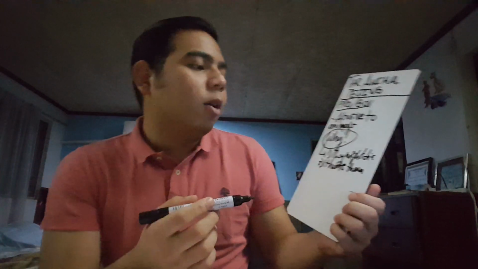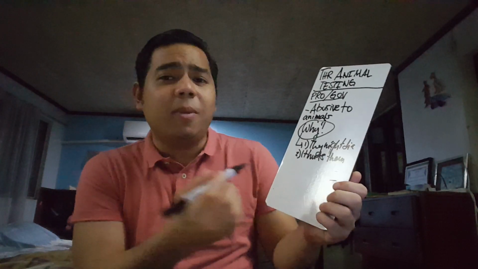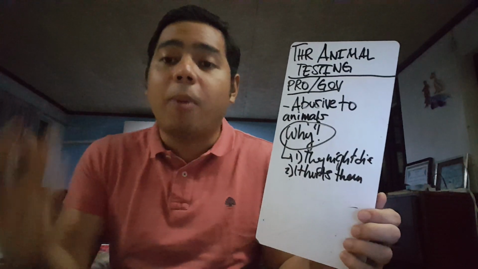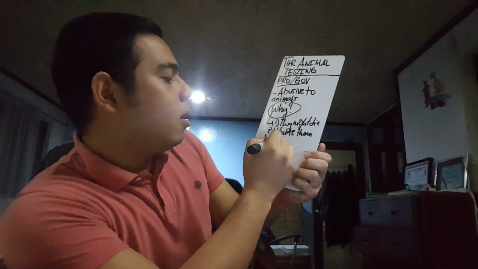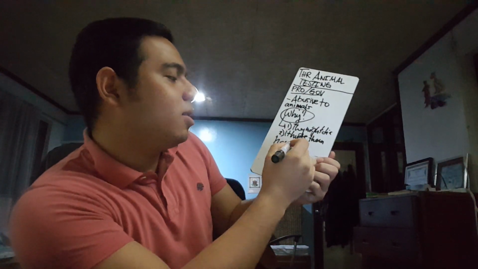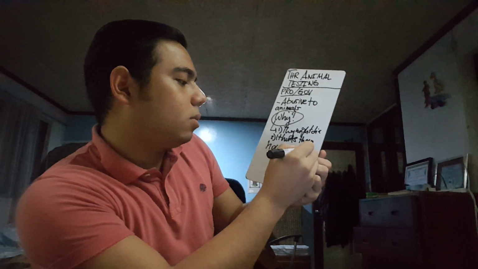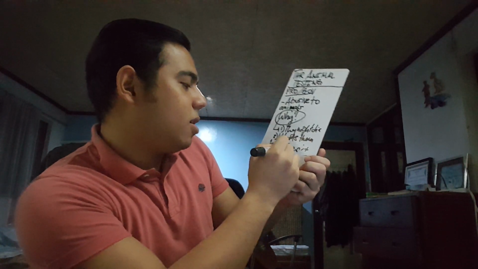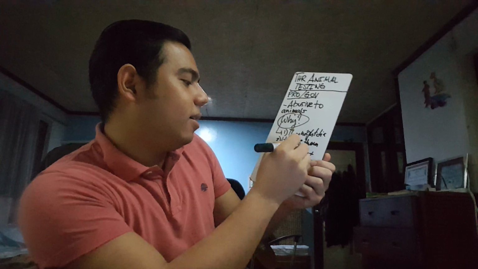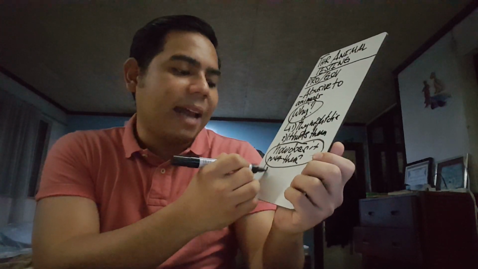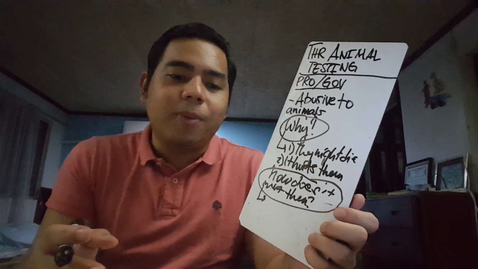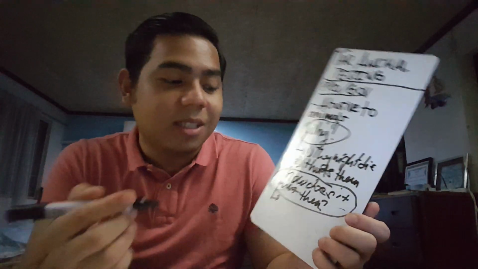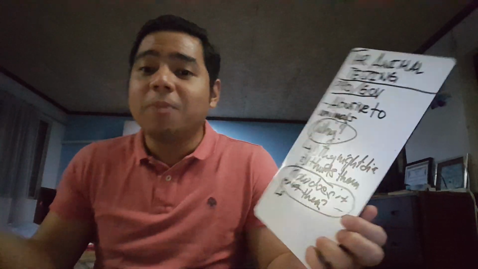If I say they might die or it hurts them, another question that might pop up in another person's mind is, for example, how? How does it hurt them? That's another way for me to add an answer on how it hurts them. I could say that some animals get to breathe in toxic fumes and whatnot.